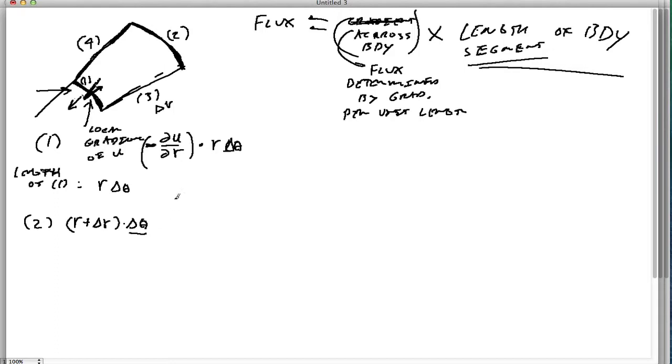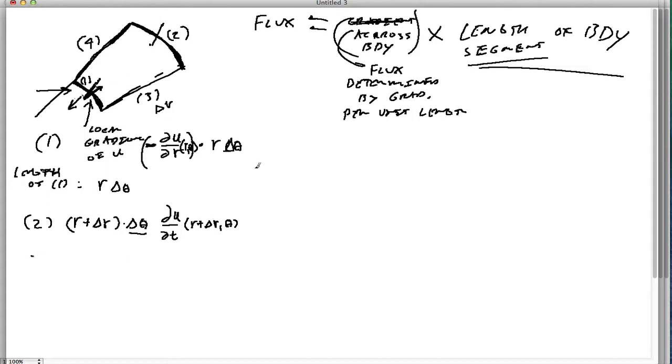Now, if u is bigger on the outside than the inside, so the local gradient is going from a high value to a low value as you go across, then it should be the positive partial derivative. But we're going to evaluate this now at r plus delta r, theta. And here, this is just evaluated at r, theta. All right, so now we have the flux going through these two sides.